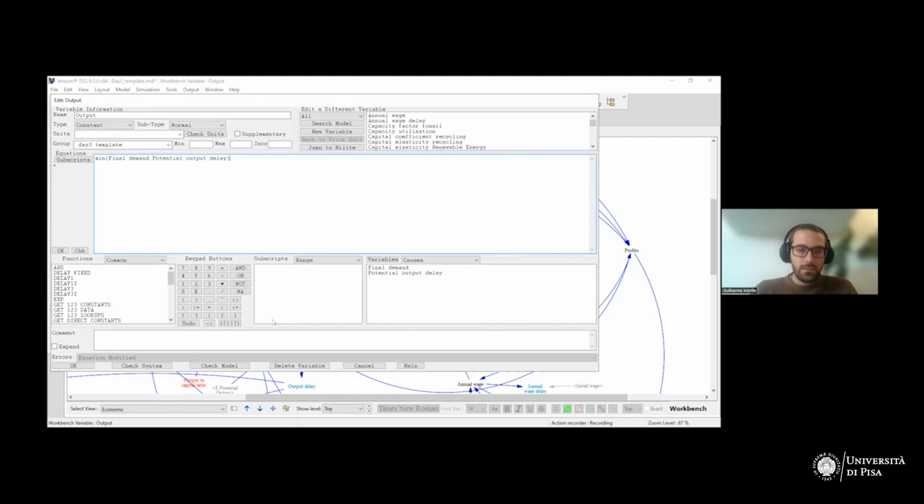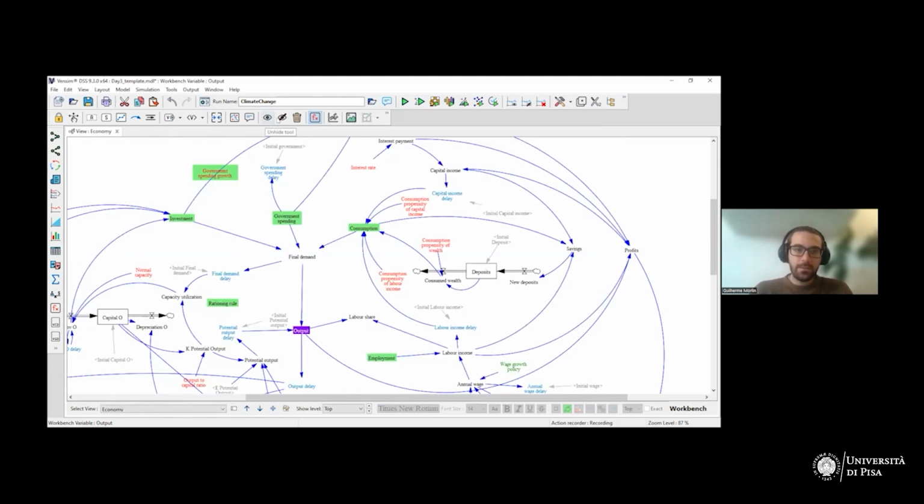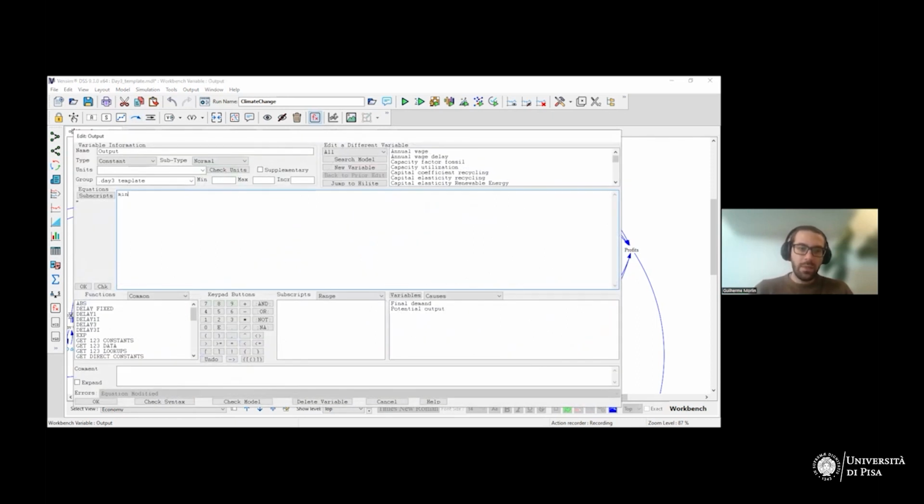Where I put potential output delay by accident, we don't need that actually. Potential output is below here, right? So again, min. The output will be the smallest between these two variables.